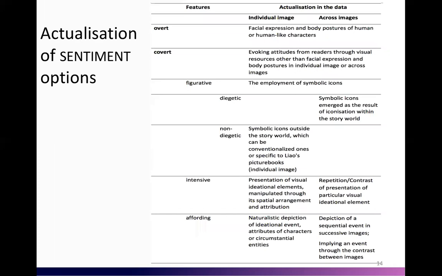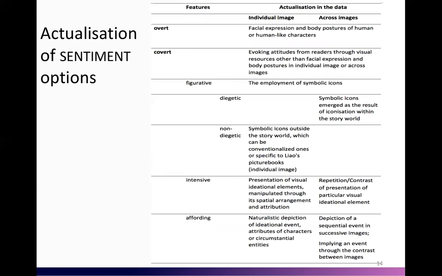The table in this slide summarizes the meaning-making choices of covert and their actualization in Liao's picture book images. As indicated in this table, options of the sentiment are conceptualized as involving two levels of abstraction.